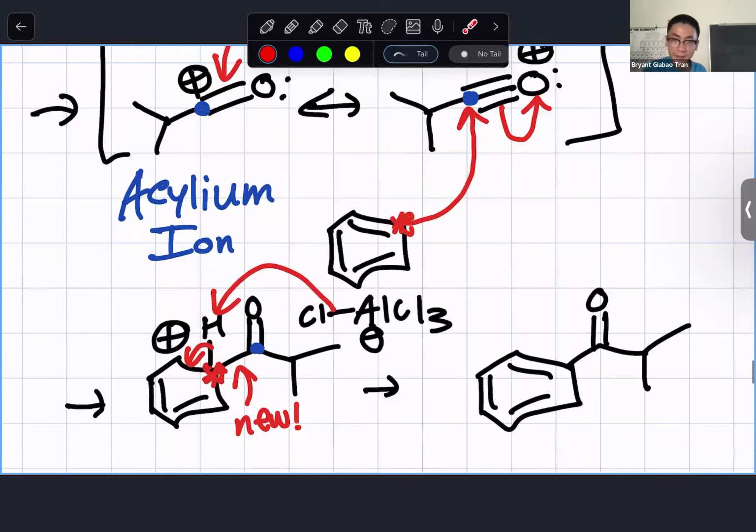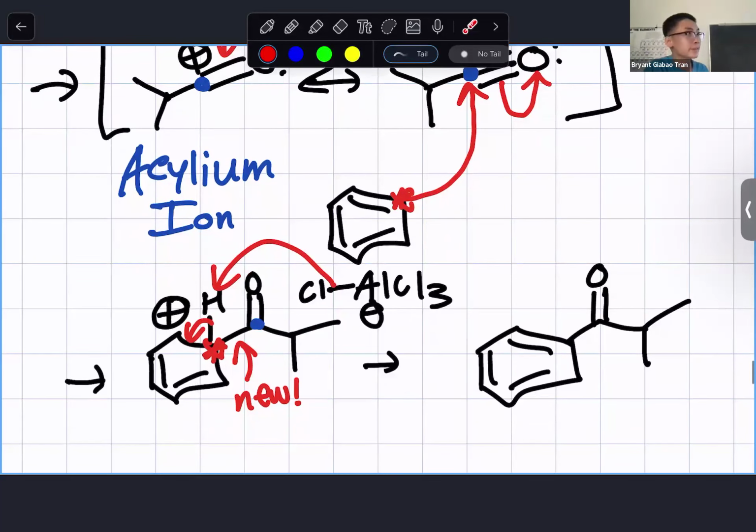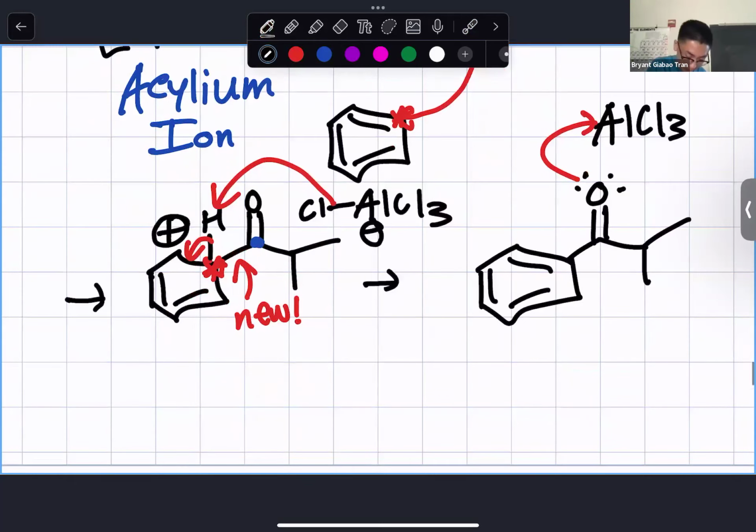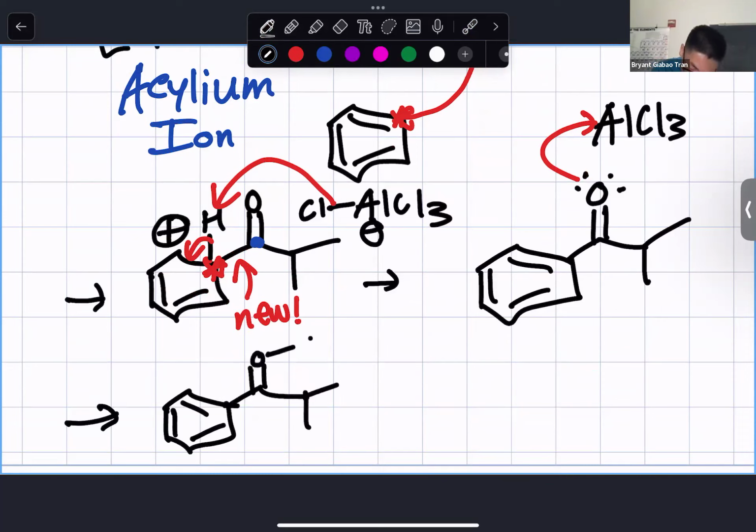Once we have this point here, the oxygen with the lone pairs of electrons will attack the metal catalyst once again and give us this product, where that oxygen is now attached to the aluminum, AlCl3, and that aluminum has a negative charge.